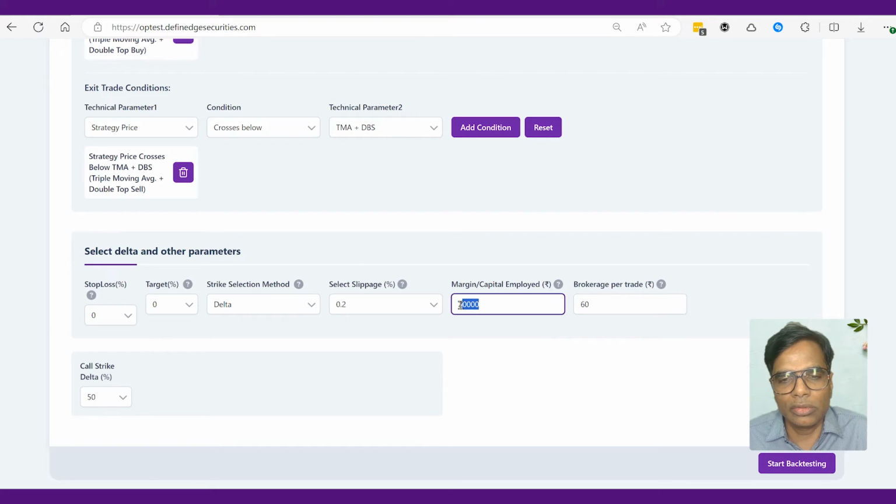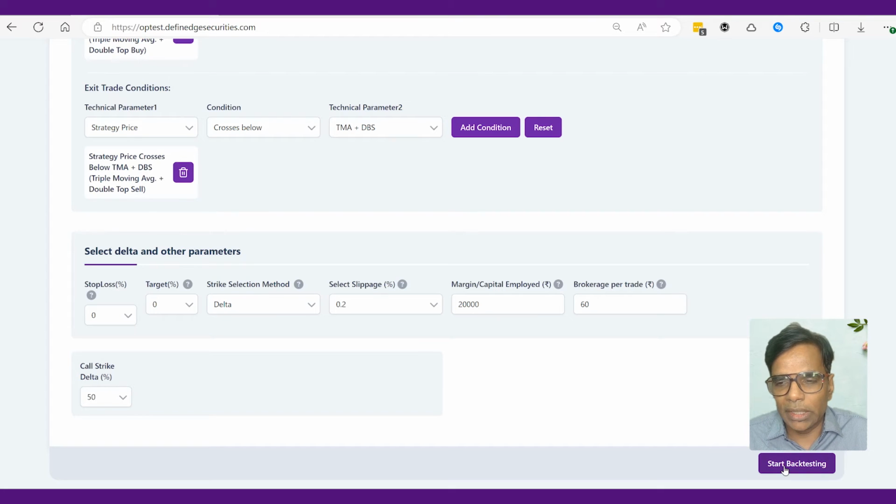Okay, so we choose 20,000, and brokerage per trade for one entry and exit, how much brokerage is being charged by your broker, and by default we are using 60. Okay, taking into consideration all the taxes, STT and all those things, for both entry and exit.